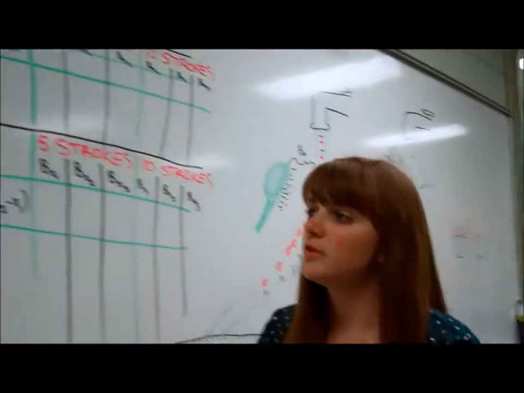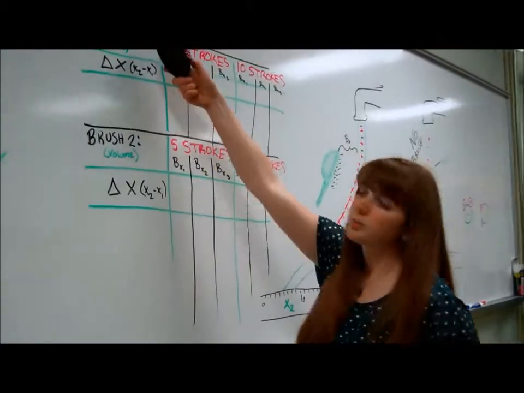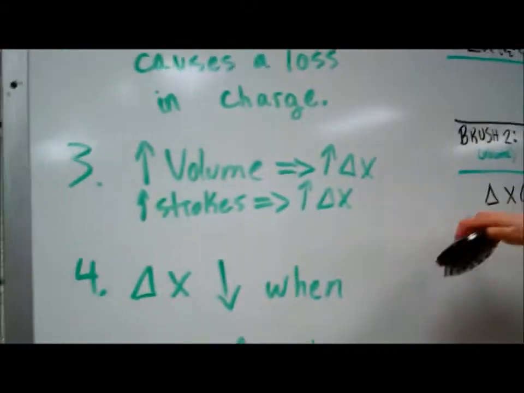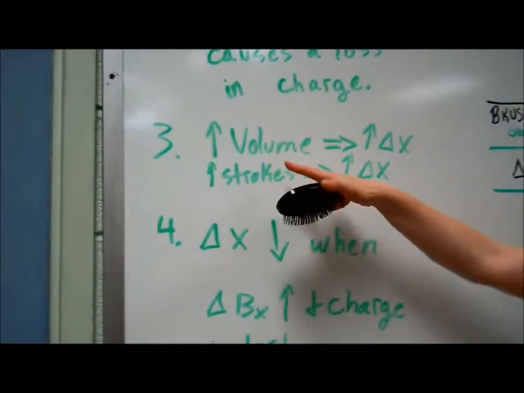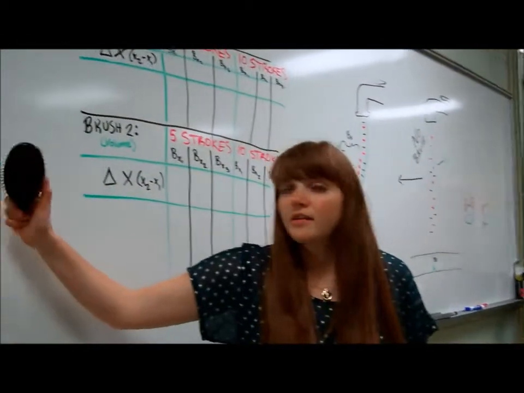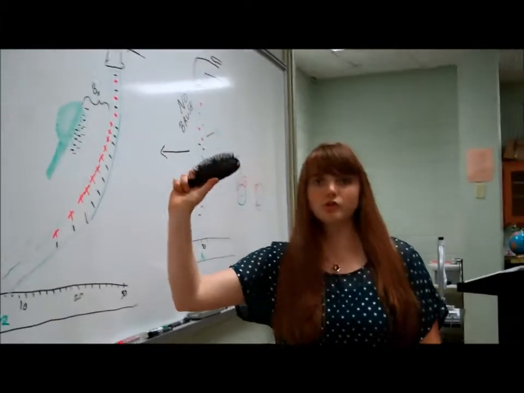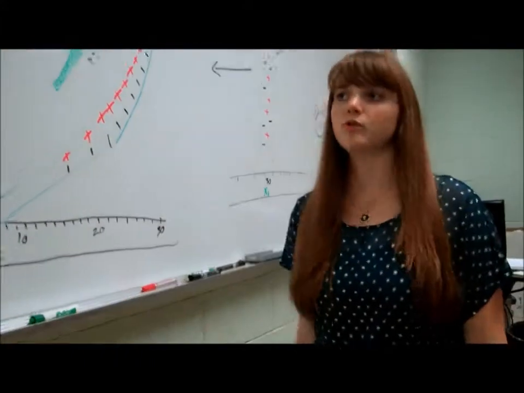Also, a few other things we've noticed. We had 2 sizes of brushes here. We had brush 1, brush 2. They're 2 different sizes. When the volume of the brush increased, then the change in X increased because we held more charge on the brush, so therefore X moved more.